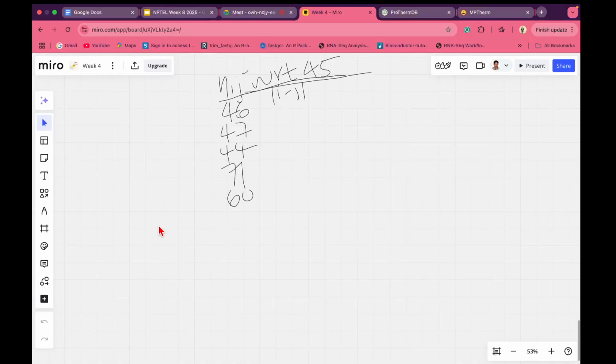So with respect to residue 45, let's calculate the absolute value of i minus j, where i and j represent the positions of these amino acids. So 45 minus 46, absolute value is 1. 47 minus 45, or 45 minus 47, its absolute value is 2. With 44 it is 1 again.